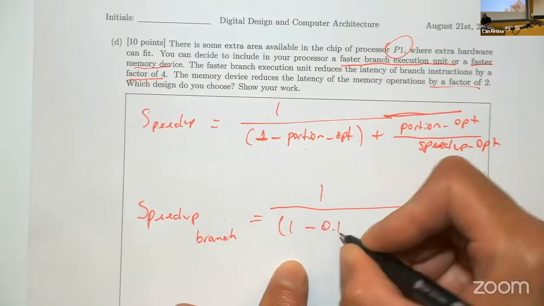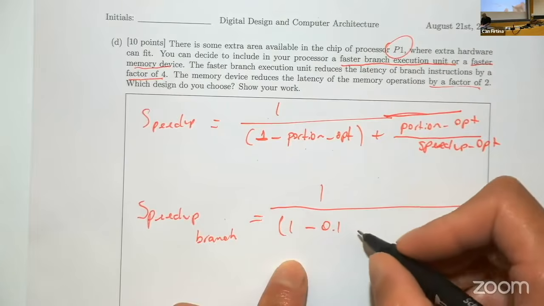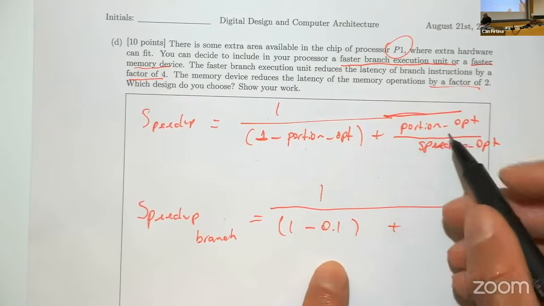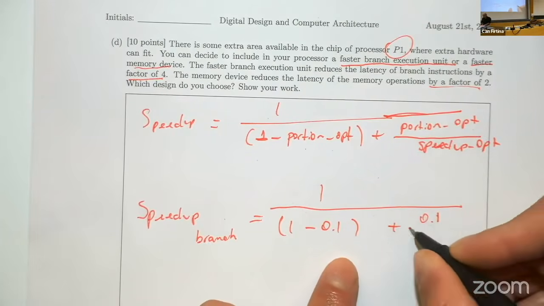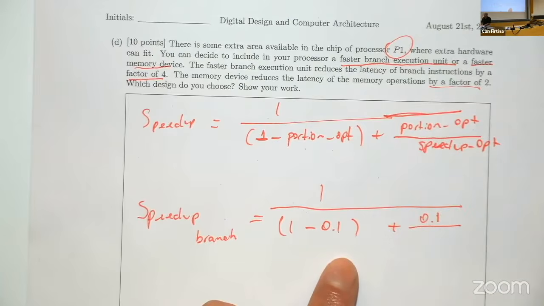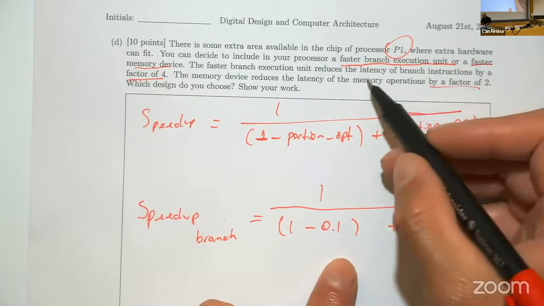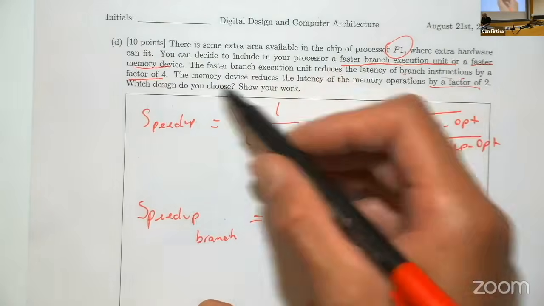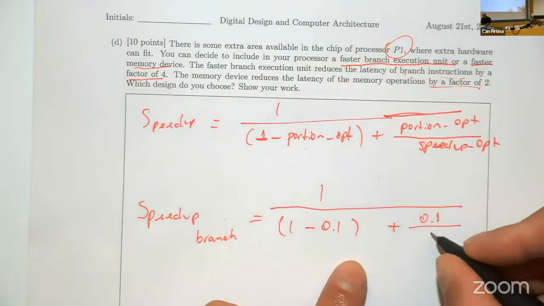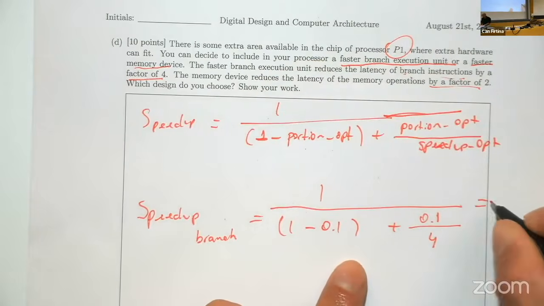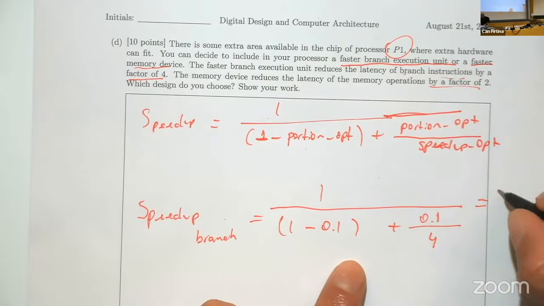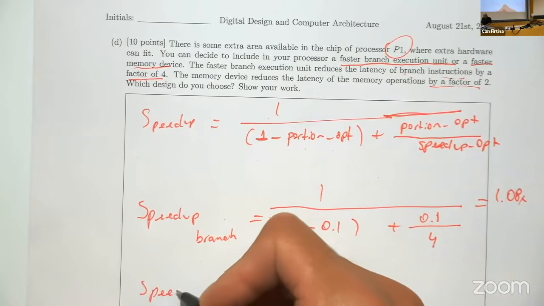So it's going to be 0.1, because this is normalized, plus the portion that you optimize, 0.1, divided by how much you're optimizing that portion. So you're optimizing branch instructions by 4 times, so this is divided by 4. If you do the math, I'm going to check here. This is 1.08.